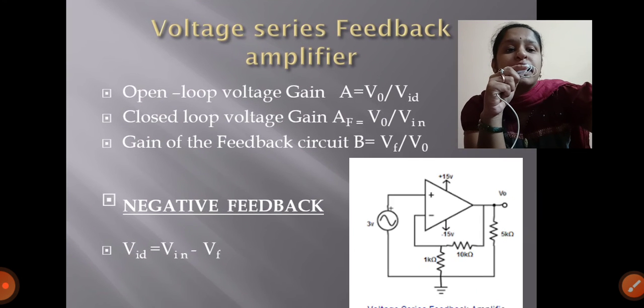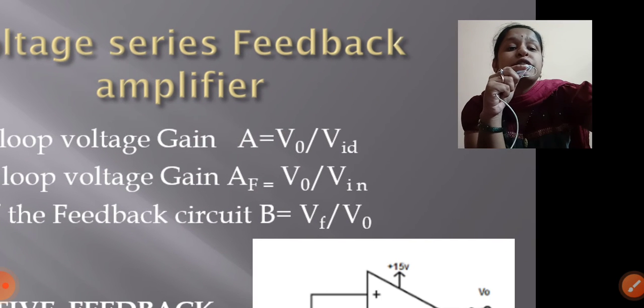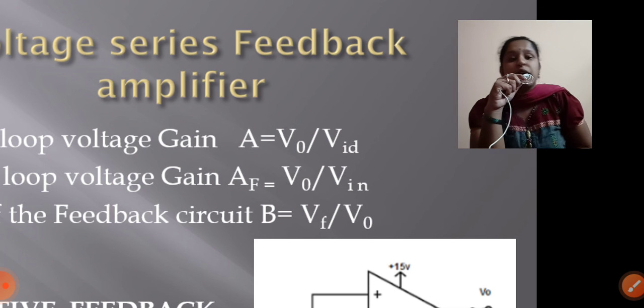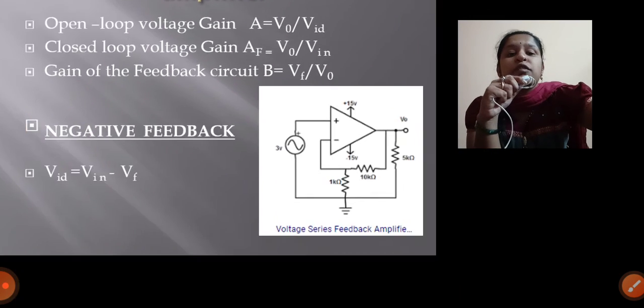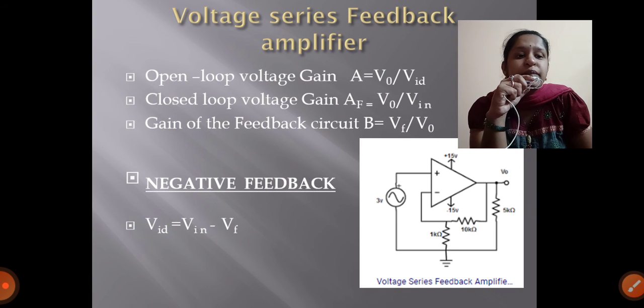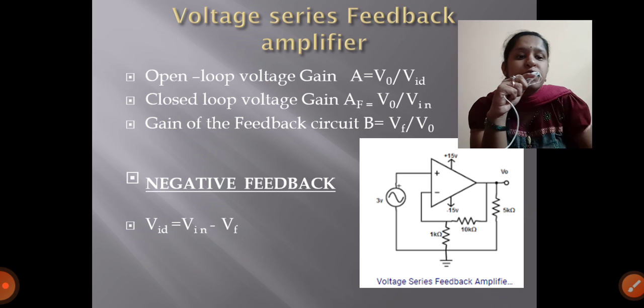In the voltage series feedback, there are two types of series feedback, with the inverting terminal and the non-inverting terminal. For example, I am going to take the non-inverting terminal feedback.